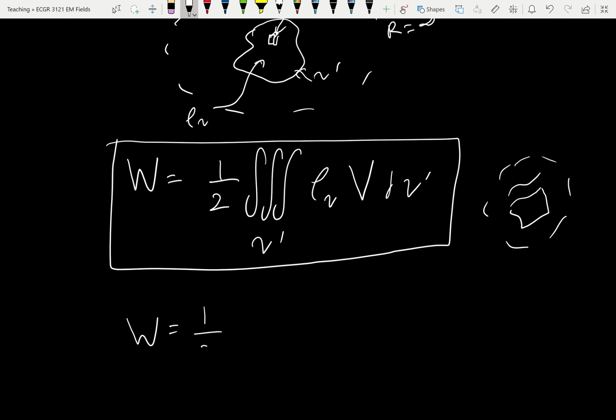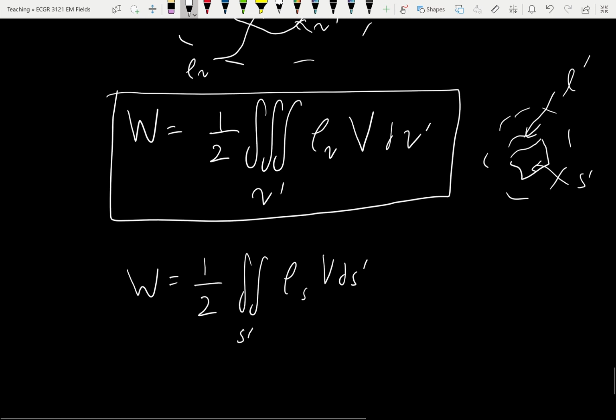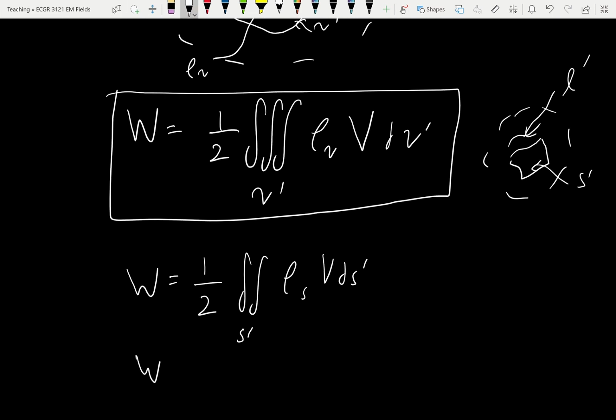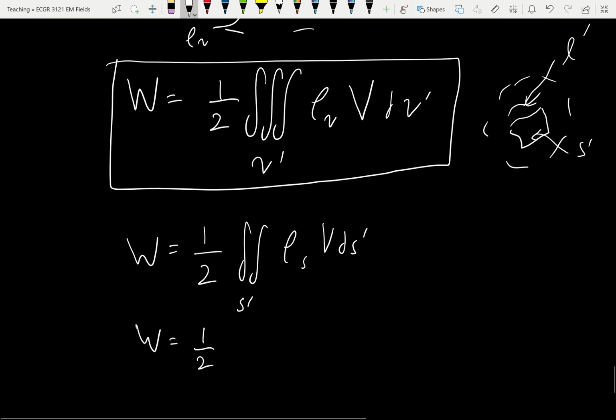It's going to be half, and the summation turns into a surface integral over s prime of rho s v ds prime, where s prime is the surface, and this line is going to be L prime, right? And the energy now in the line is going to be the same thing, half integral over the line of rho L V, the voltage across the line as we're moving across the line. Okay.